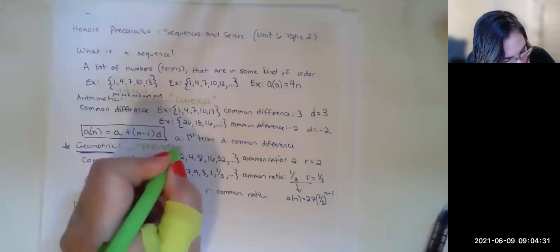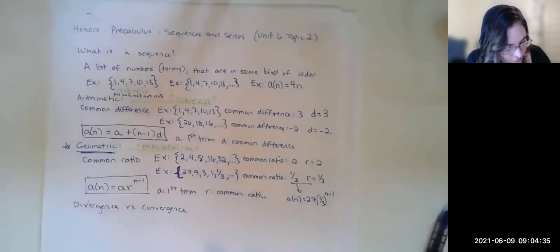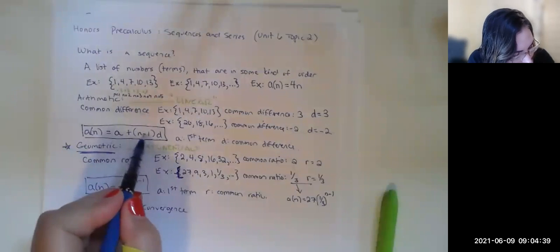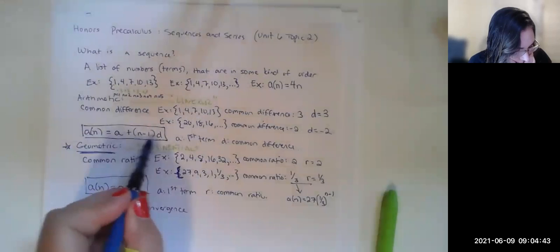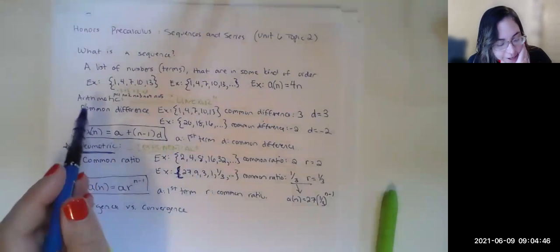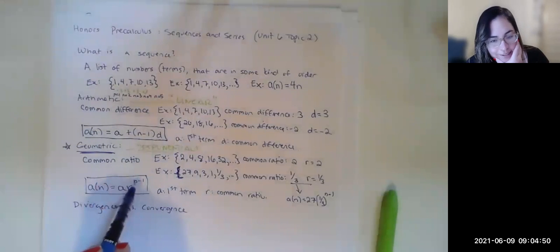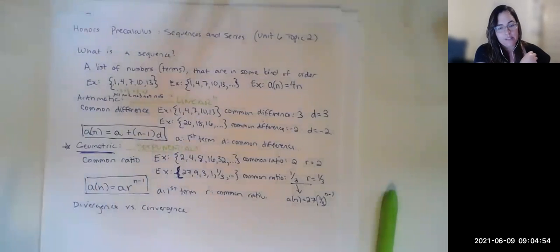So it's kind of like if your n is part of the expression in this way, and it's not an exponent, it's a pretty safe bet that your sequence is arithmetic. If you have n as an exponent, it's a pretty safe bet that your sequence is geometric. Okay.